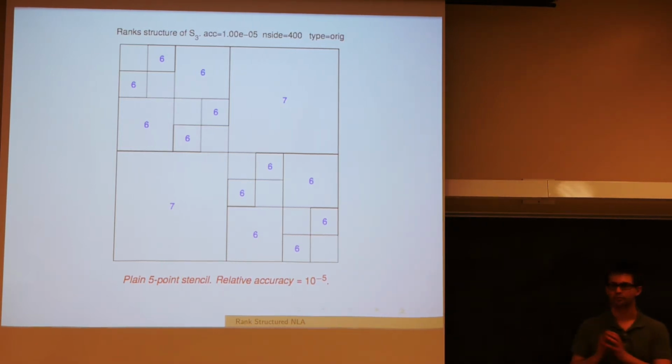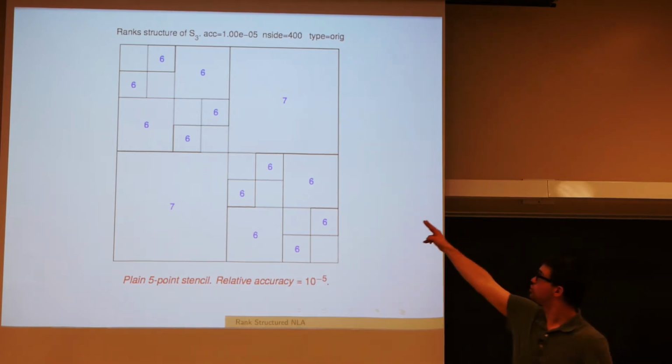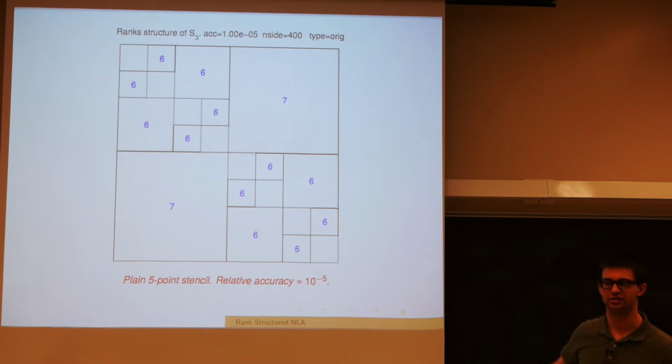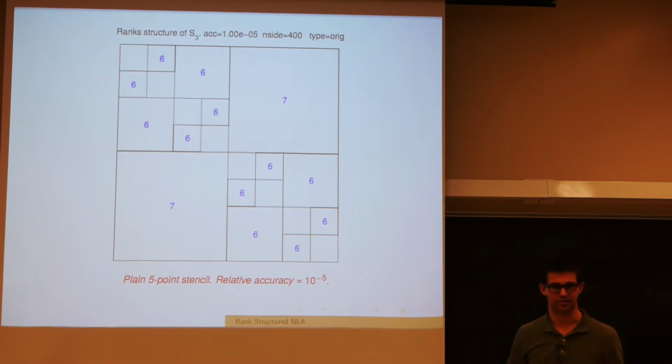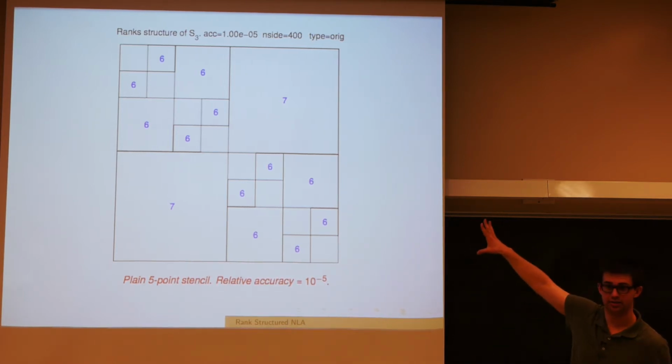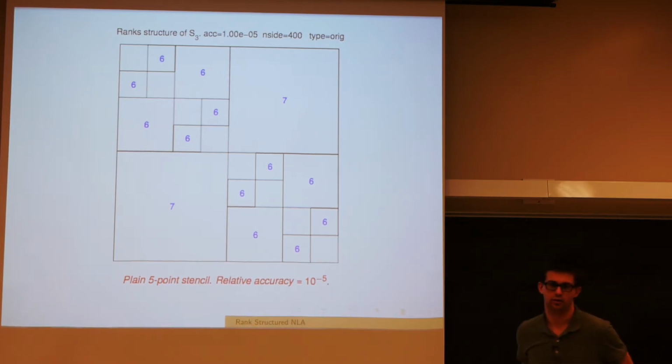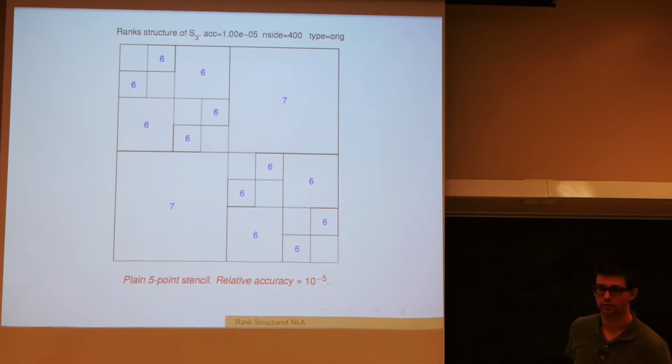What's the number 6 and 7? These show, to generate this graphic, I just did an SVD. I didn't do anything fancy on each of the blocks. And these are the numerical ranks to a tolerance of 10 to the negative 6th. So the first level off is 7, and you go down, it becomes 6. It's even smaller, and you'll see this pattern a lot.